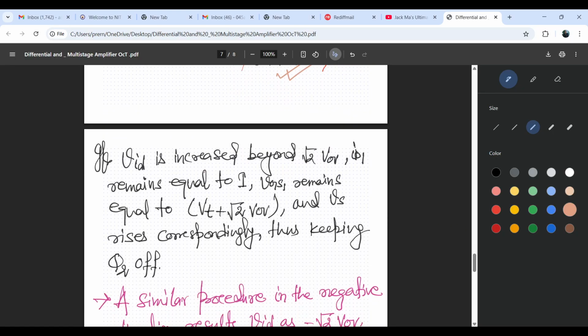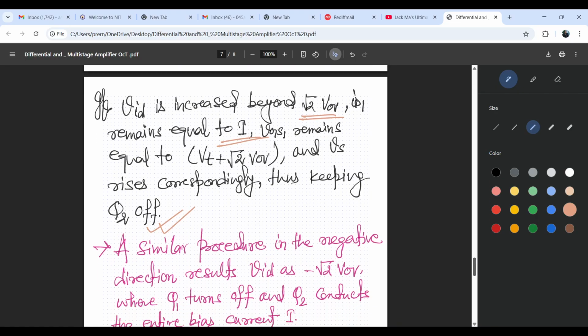So if VID is increased beyond root 2 VOV, when the differential voltage VID is increased beyond root 2 VOV, ID1 remains equal to the bias current I, and VGS1 will be equal to Vt plus root 2 VOV and rises correspondingly, thus keeping the transistor Q2 in the off state. Simple calculation and simple concept.